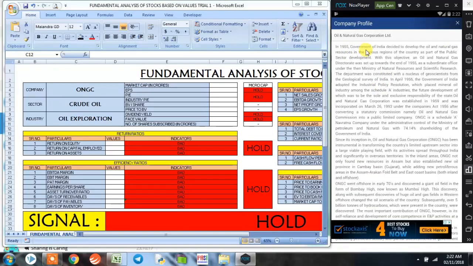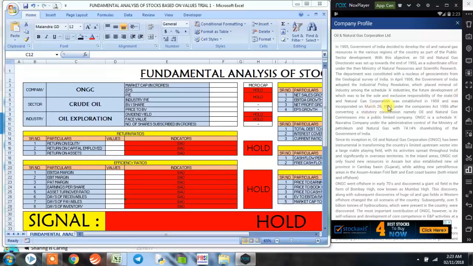In 1955, Government of India decided to develop the oil and natural gas resources in the various regions of the country as part of the public sector development. With this objective, an oil and natural gas directorate was set up towards the end of 1955 as a subordinate office under the Ministry of Natural Resources and Scientific Research.